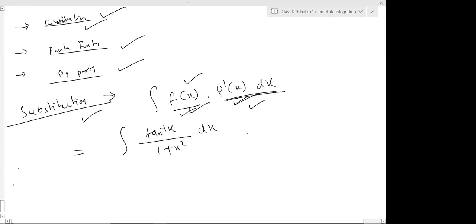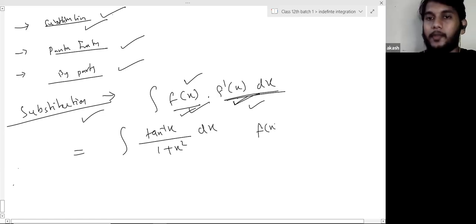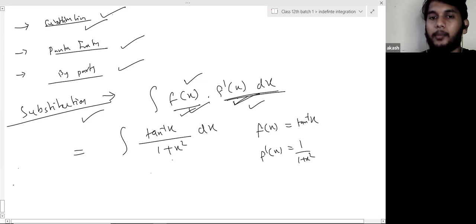Tan inverse x and 1 by 1 plus x square. Absolutely right. So if f of x is tan inverse x, then we know f dash x is 1 upon 1 plus x square, and this 1 upon 1 plus x square is obviously multiplied with dx. Differentiation of the function will always be multiplied with dx. This is the trick to note, what to assume.